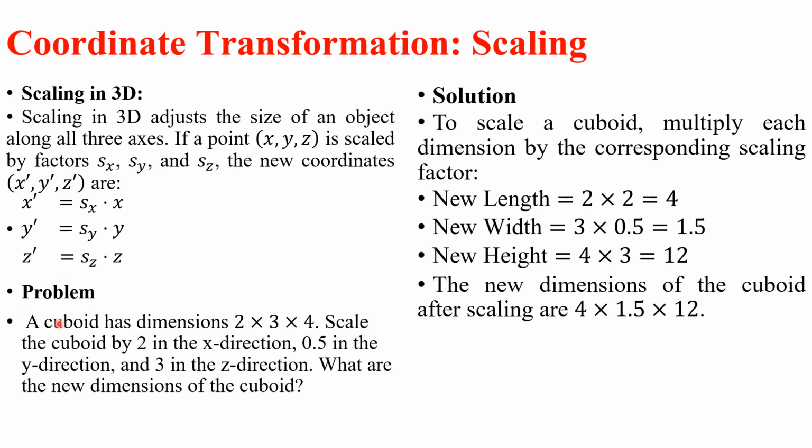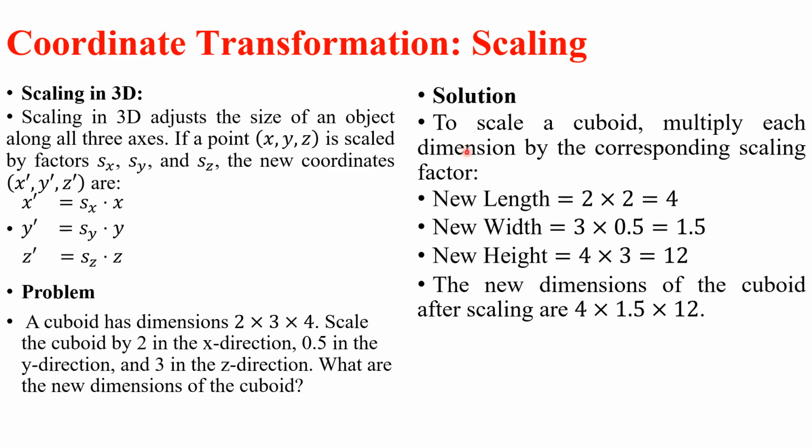So let's take as an example a cuboid that has dimensions 2 by 3 by 4. Scale the cuboid by 2 in the x direction, 0.5 in the y direction, and 3 in the z direction. What are the new dimensions of the cuboid?